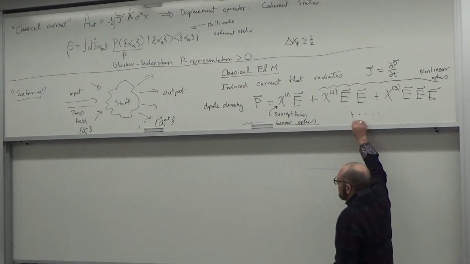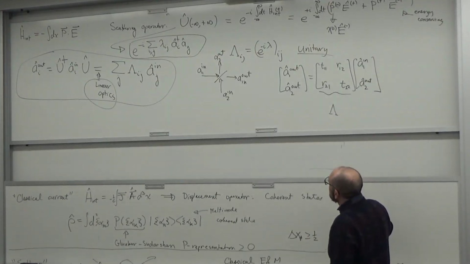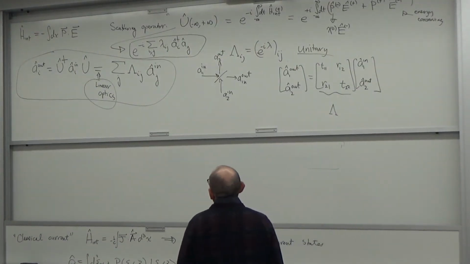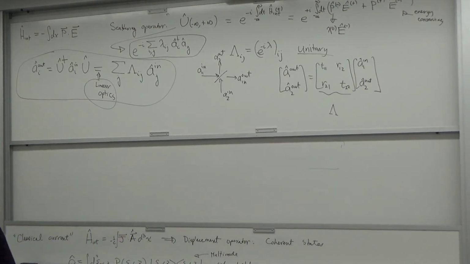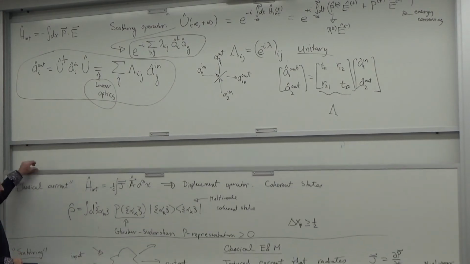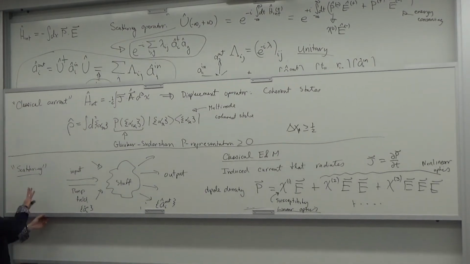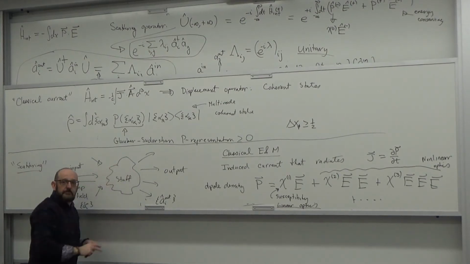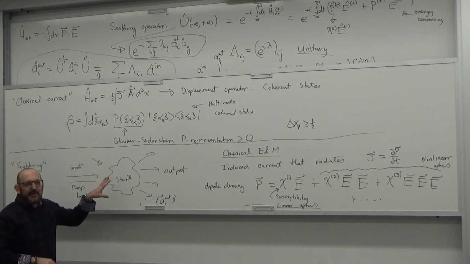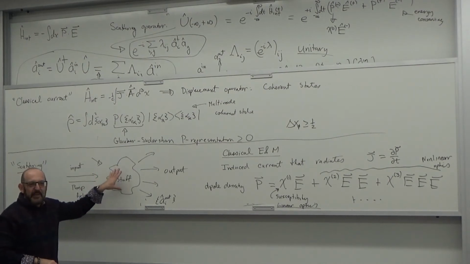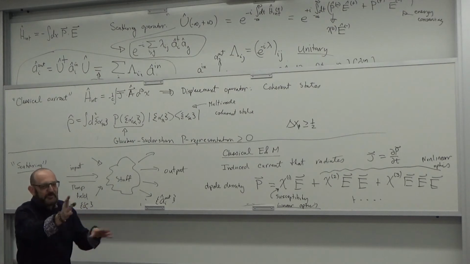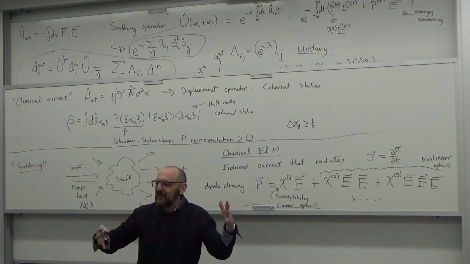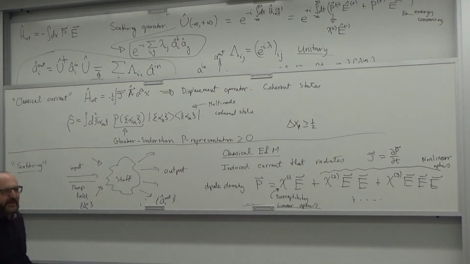Now, if I, let's go back over here. If I input into this linear optical network, which could be a bunch of beam splitters, phase shifters, optical fibers routing around, making something, right?